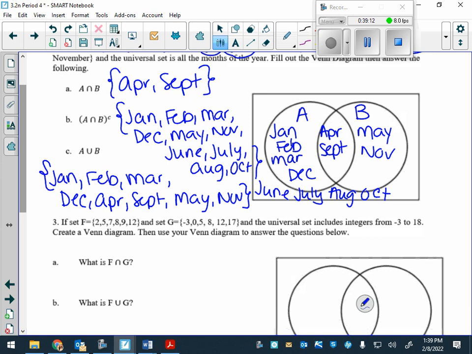So, also people have asked, is there a shortcut to doing this? No, you have to list them all out. It's set notation. So numbers and objects, months, whatever you're looking at has to be listed out. Okay? There's no abbreviated way. All right? So, we're going to get started.